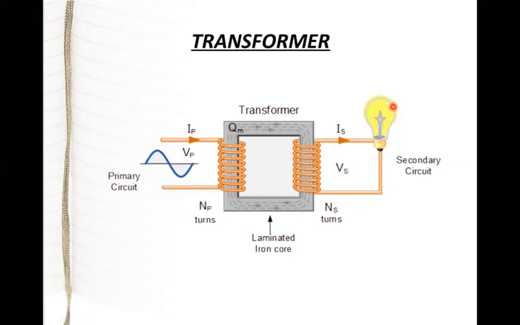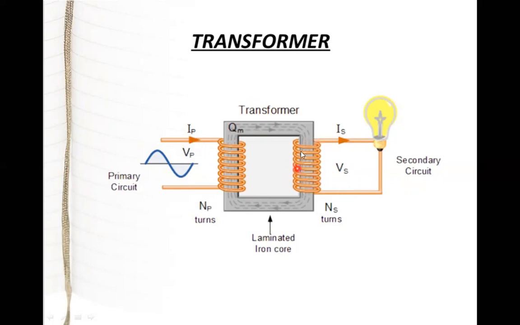So this works on the principle of electromagnetic induction or mutual inductance. What is happening is, when an alternating current is passed through this particular coil, a varying magnetic field is generated surrounding this coil. And within the vicinity of this varying magnetic field, if I place one more coil, an induced EMF will be formed in this secondary coil.